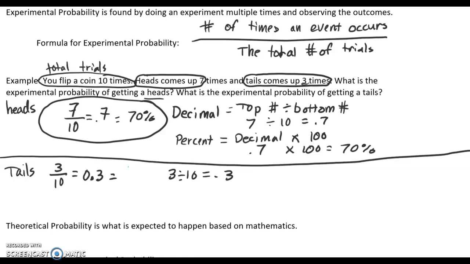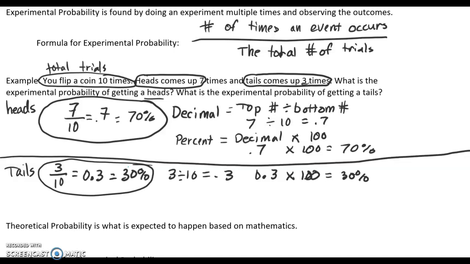And then we're going to take our decimal of 0.3 and times it by 100 to get our percentage of 30%. So that is our answer for tails.